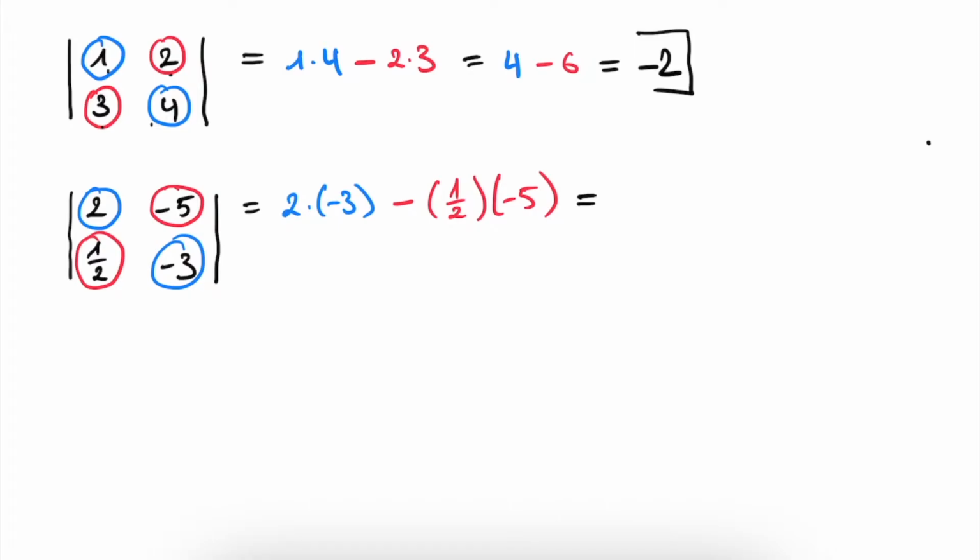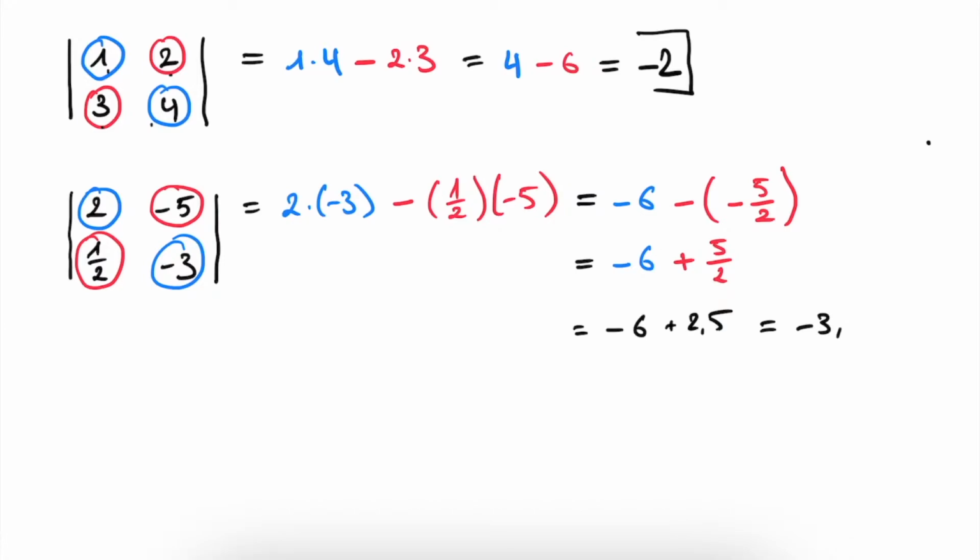This simply becomes minus 6 minus, and let me do this in 2 steps, minus 5 divided by 2. This becomes minus 6 plus, because we have 2 minus signs which become a plus sign, 5 divided by 2, which is minus 6 plus 2.5, simply minus 3.5. And we again have our result quite easily.